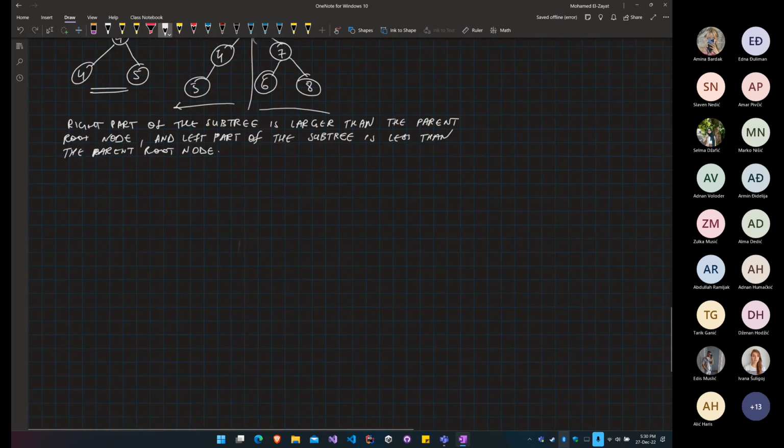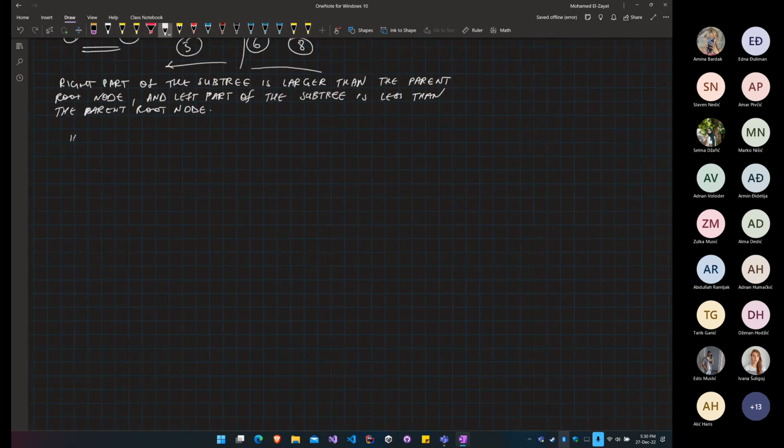Now, what are the complexities? If you would like to insert something in a binary search tree, insertion is order of log n. Deletion is also order of log n.